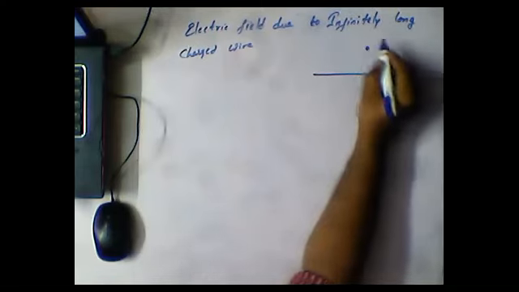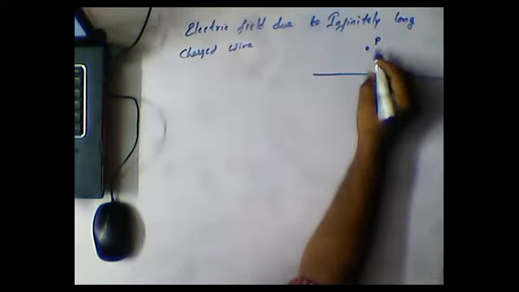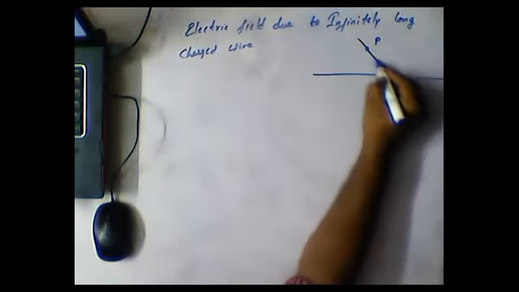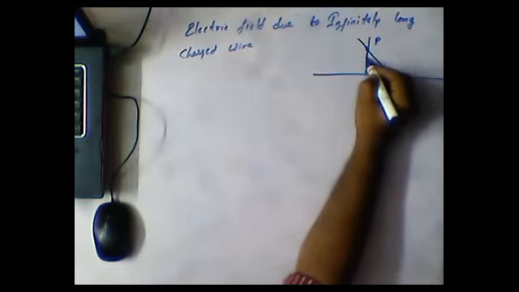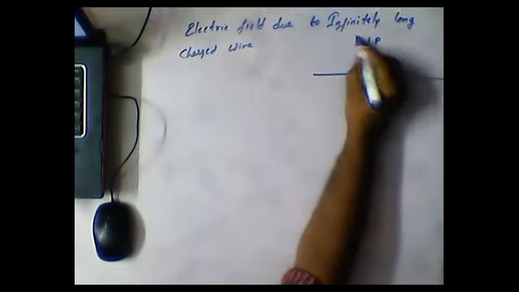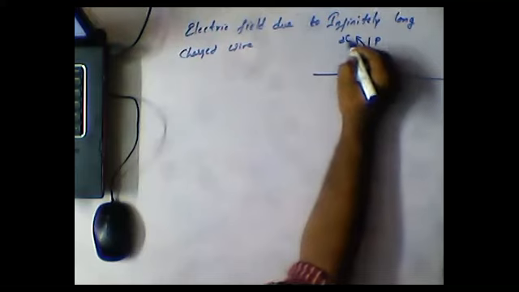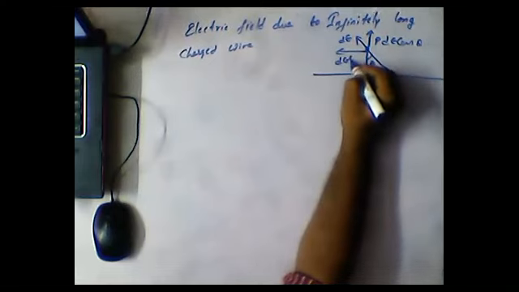Here we are considering a point P, and it creates an electric field in this direction, making an angle theta with the center like this. So here we are getting dE. This can be resolved into components dE cos theta and dE sin theta, as in the circular arc.